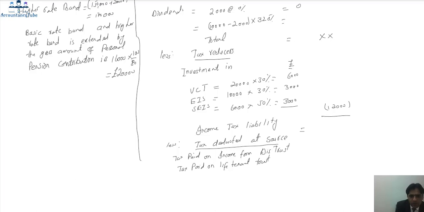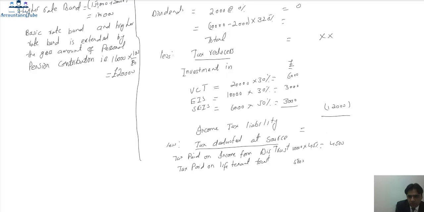Okay, now income from discretionary trust, how much have we paid? There was total amount of £10,000. We have grossed it up in the question. 45% tax, as I said earlier as well, has already been deducted, so 4,500. Whereas on that one, 20% tax has been deducted.